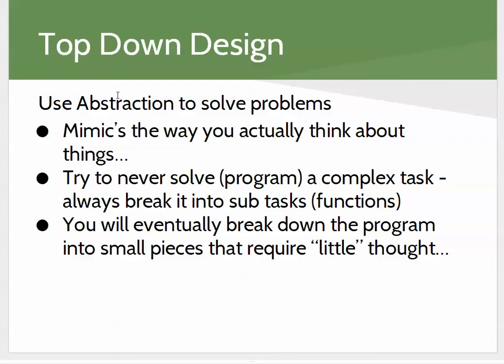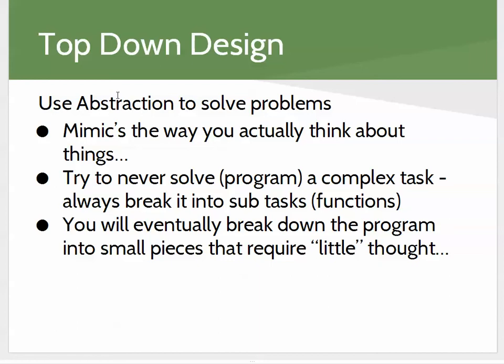Now, from a programming standpoint, what allows top-down design to happen is functions, and the use of what we would call abstraction. This lets us mimic the way we think about most things. We think about most big tasks as a series of smaller tasks, and that's how we want to design our programs.